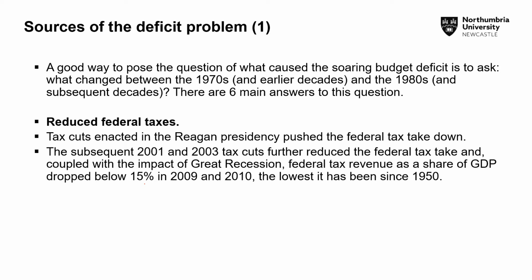And then we had the Great Recession, starting in 2008 but peaking in 2009 and 2010. Federal tax revenue as a share of GDP dropped below 15% in 2009 and 2010 as a result, the lowest percentage since the 1950s.